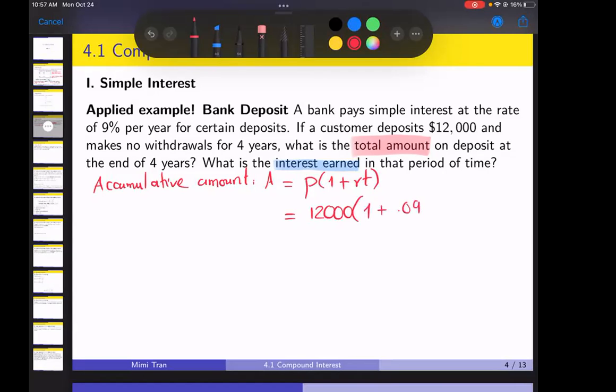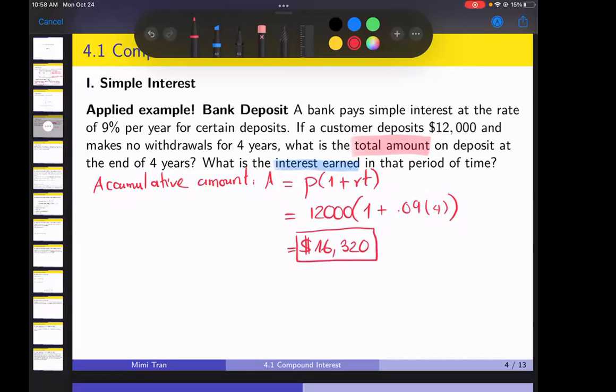Make sure you change it into decimals. If you don't, then your answer will be very large. Simple one: 12,000 times 1 plus 0.09 times 4. I got 16,320. Is that what you have? Make sure you put a dollar sign to indicate currency.